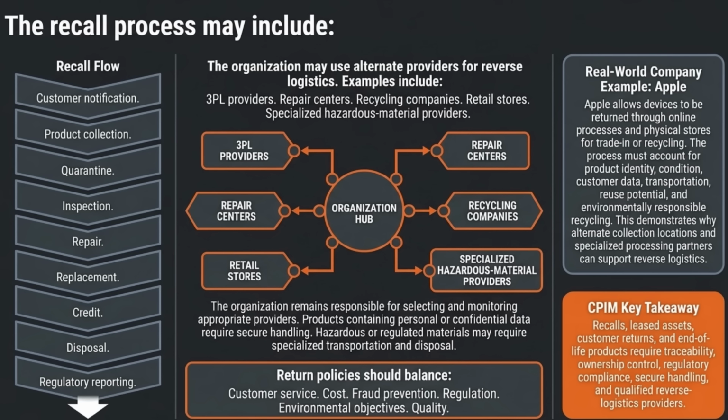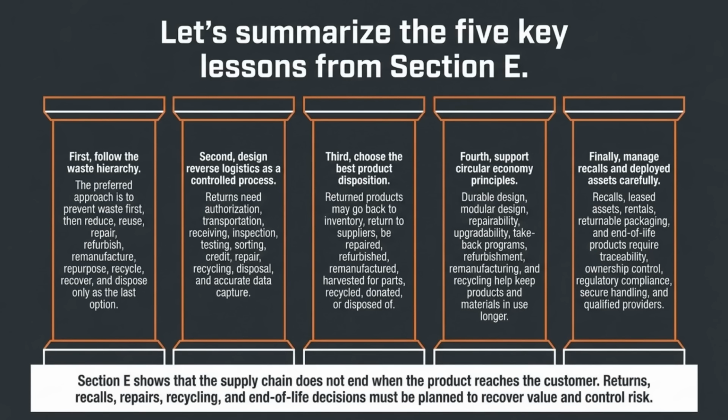This demonstrates why alternate collection locations and specialized processing partners can support reverse logistics. CPIM key takeaway: recalls, leased assets, customer returns, and end-of-life products require traceability, ownership control, regulatory compliance, secure handling, and qualified providers.